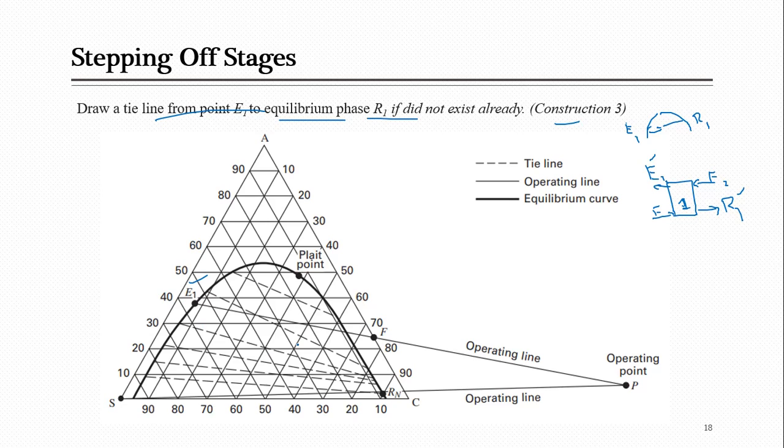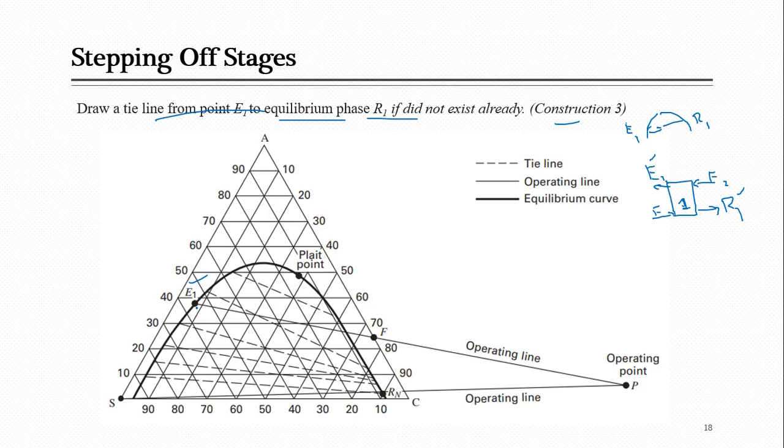You know that E1 and R1 will be at equilibrium, and when they are in equilibrium they lie on an equilibrium line, which are tie lines, so they can be connected with the help of a tie line. Is E1 lying on any tie line? No, you can see that it is in between two tie lines.